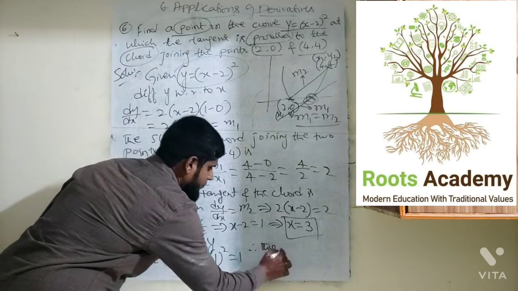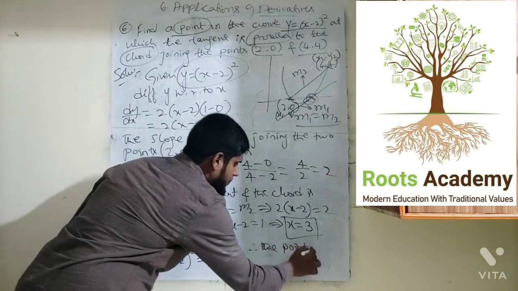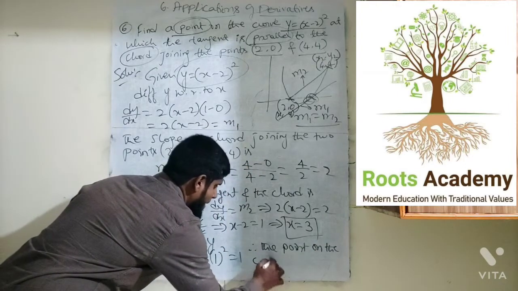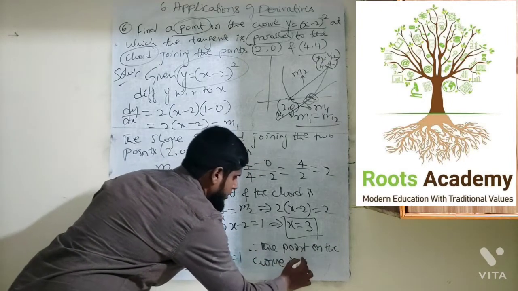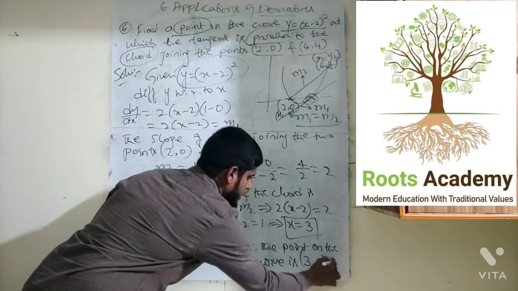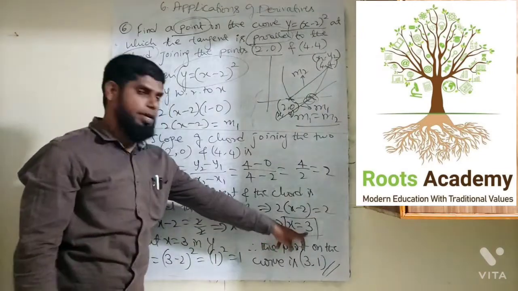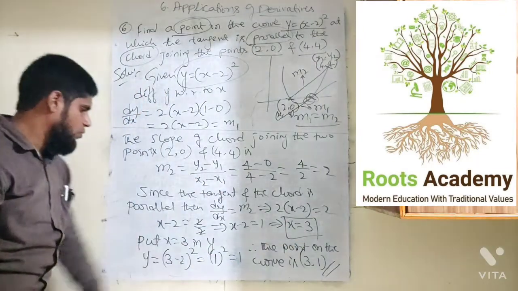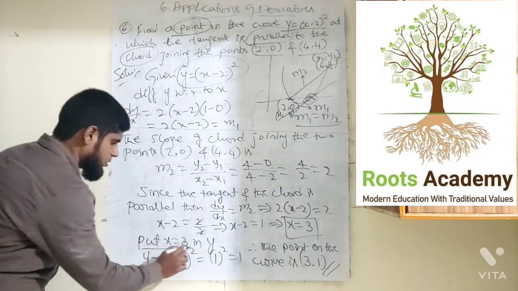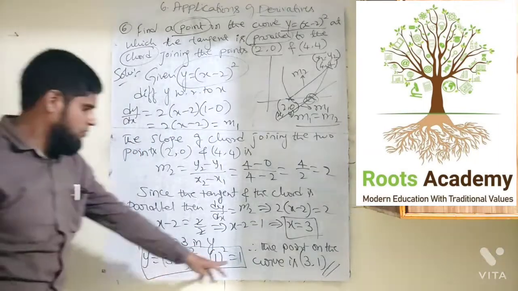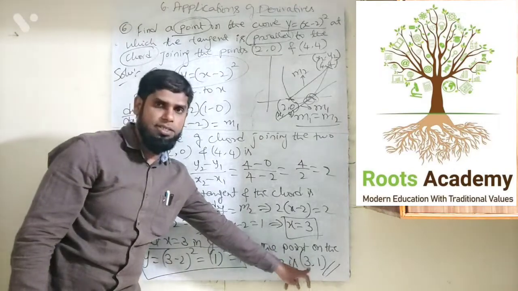Therefore, the point on the curve is (3, 1). x is equal to 3 here, and y we got 1. So its point is (3, 1).